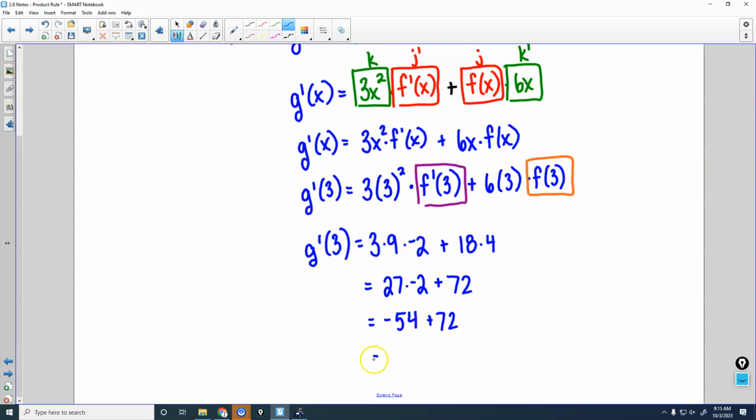And then if we subtract those two, it's going to be 18. Is that right? Yes, it's 18. Okay, so that would be our answer. I guess I could carry this down if I wanted.